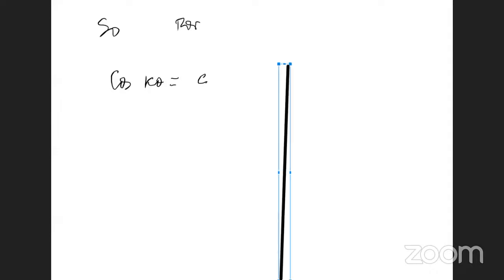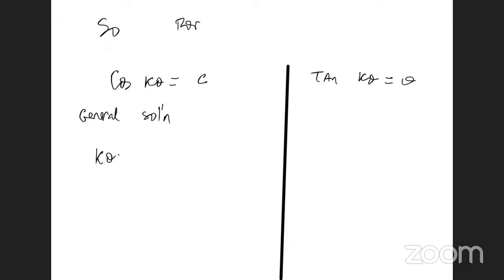So for cos k theta is equal to C, and for tan k theta is equal to C, here the general solution is k theta is equal to 2n pi plus and minus alpha.